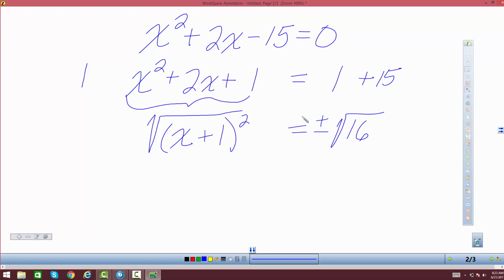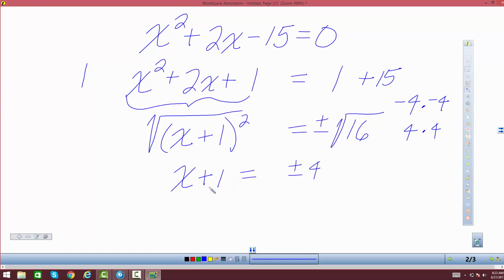The reason for that is I can make a 16 by multiplying negative 4 times negative 4, or by multiplying positive 4 times positive 4. When I look at the 16, I don't know which way it was made, so I have to account for both. So this gives me x plus 1 equals positive or negative 4.